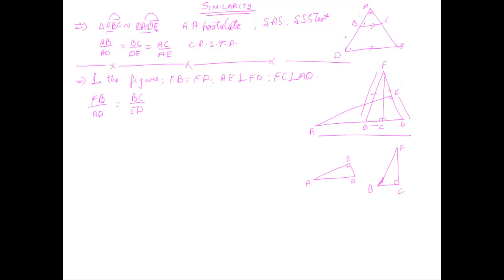Now children, if you do realize this triangle FBD is an isosceles triangle since opposite sides are equal, so base angles, children, come out to be equal. Because of which angle B will come out to be equal to angle D, and two triangles become similar by AA postulate.